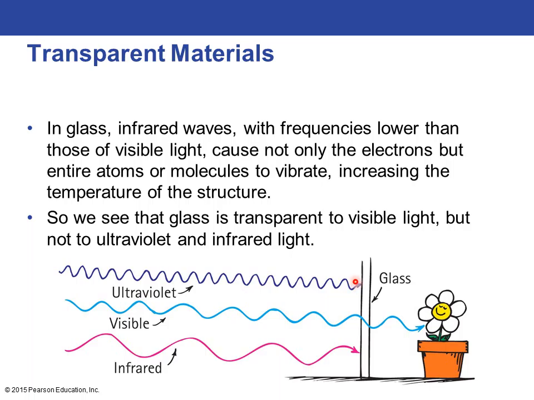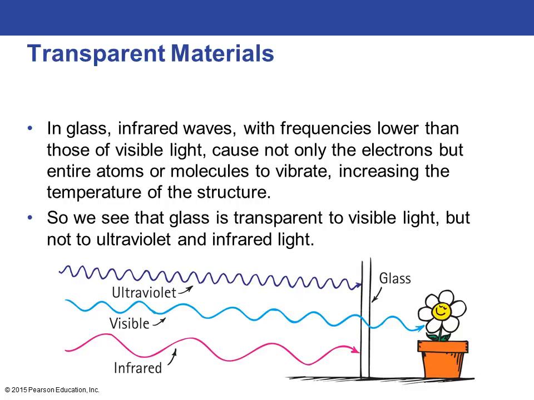The visible light is causing the electrons to vibrate, while the ultraviolet light and the infrared light are causing not only the electrons, but the entire atoms or molecules to vibrate. And that can cause heat in the glass with the molecules vibrating.